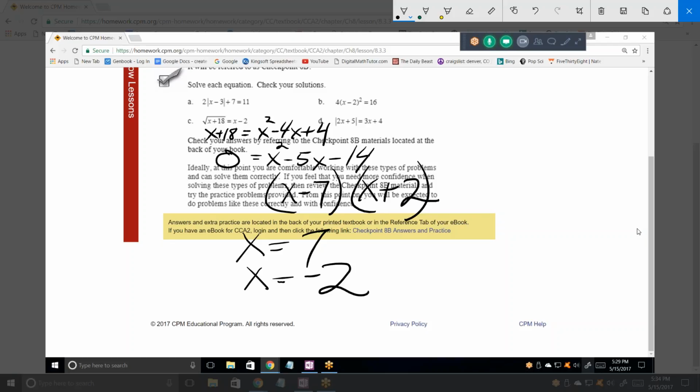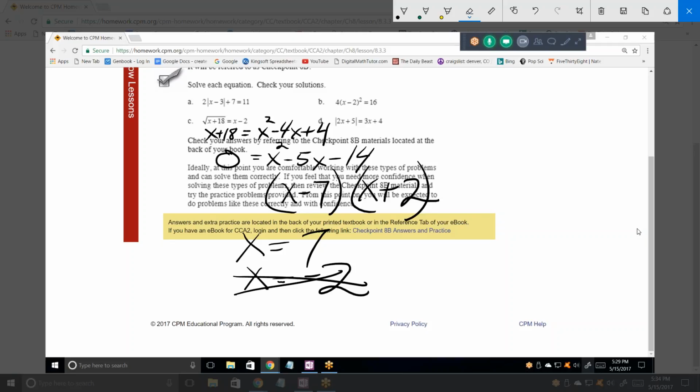Yeah. Does minus 2 work? It does. Left side becomes 4. The right side becomes minus 4. So no, minus 2 does not work. Cross that off. That's not one of the solutions. It's only x equals 7.